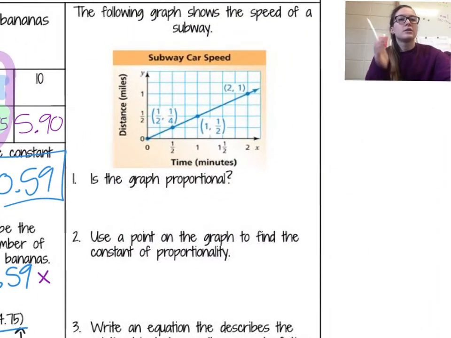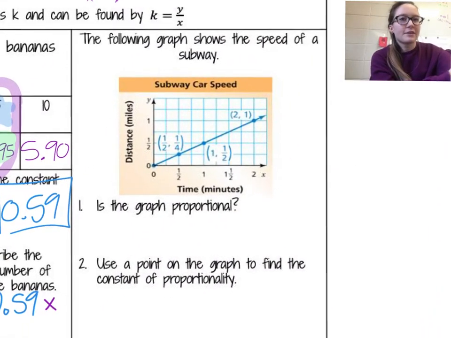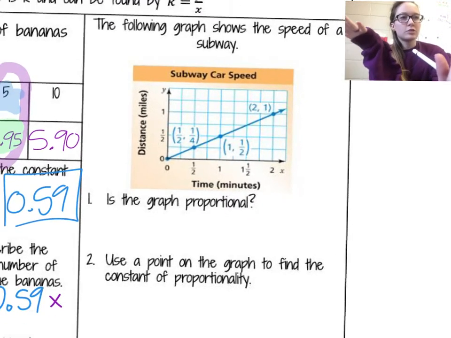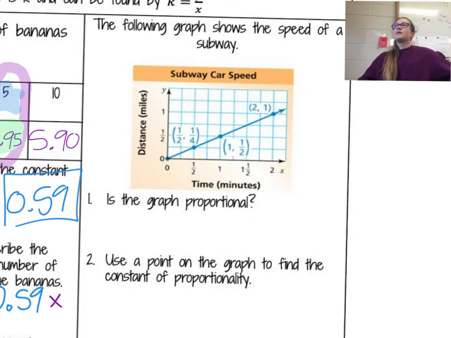All right, so from a graph, this graph shows the speed of a subway car, like a little train, okay? So, side note, the constant of proportionality only works if the table or graph is proportional. You can't have proportionality if it's not proportional, right? Those go hand in hand, okay?